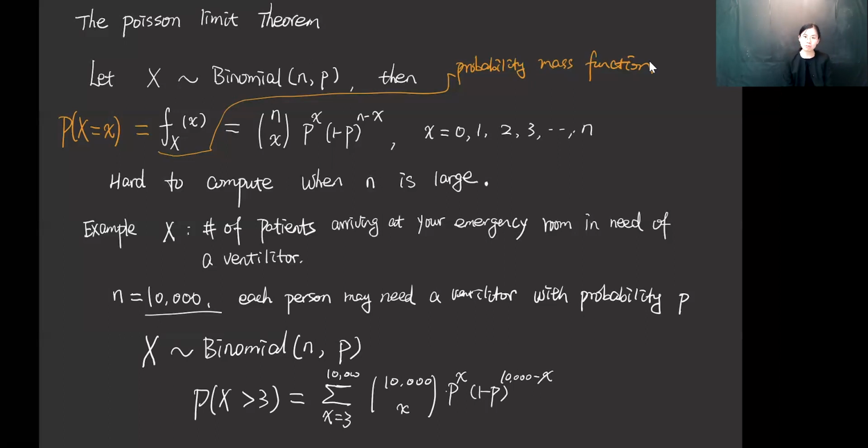This is quite difficult to compute just because 10,000 is a huge number. 10,000 factorial is a number that most computers cannot even handle. And not only that, but also you have a probability to the power 10,000 minus x, and that's hard to calculate. So this is hard to compute.